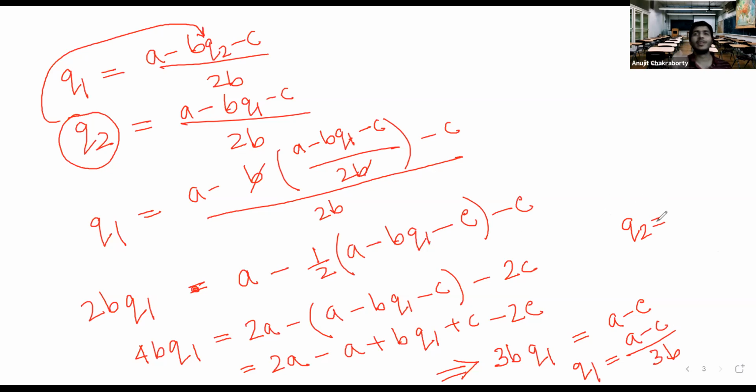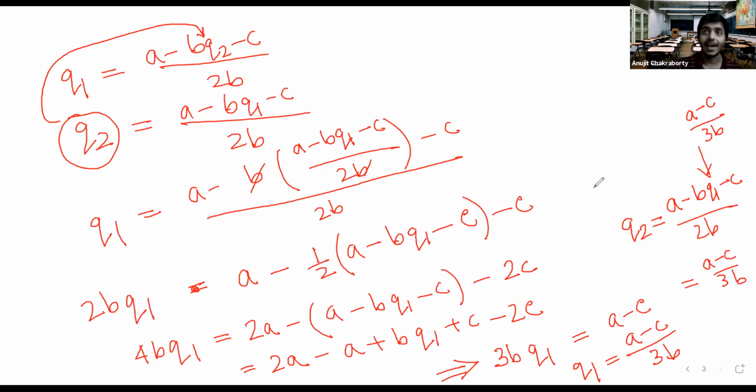All you have to do is take this equation right here, Q2 is (A minus BQ1 minus C) over twice B, and replace Q1 with what you found. If you solve that, you're going to get (A minus C) over thrice B again for Q2. So both Q1 and Q2 are going to be equal in equilibrium.